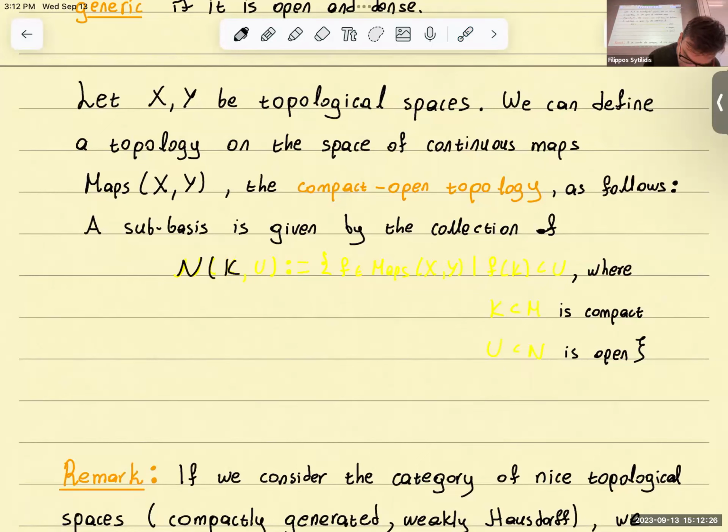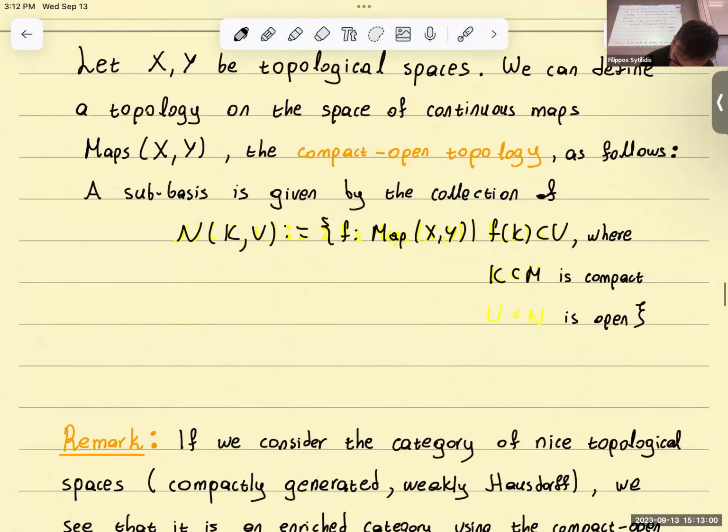So the subbasis for the space of continuous maps from X to Y would consist of these sets, which are sets consisting of all maps from X to Y such that f of K lives inside U, where K in X is compact and U in Y is open.